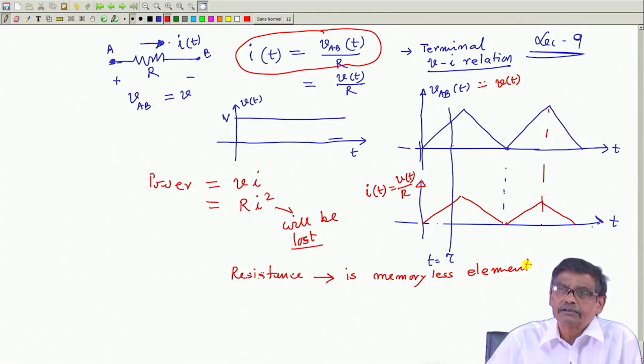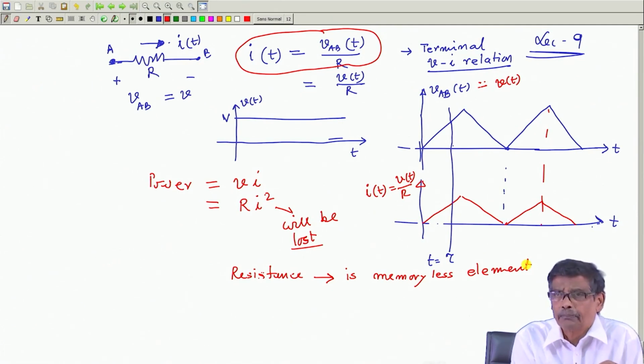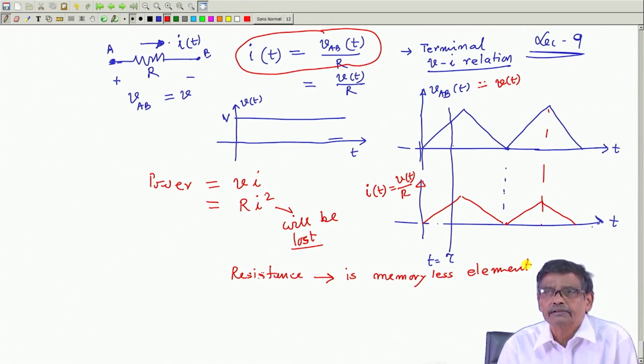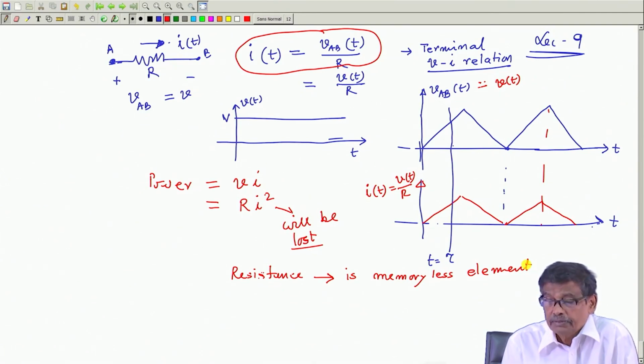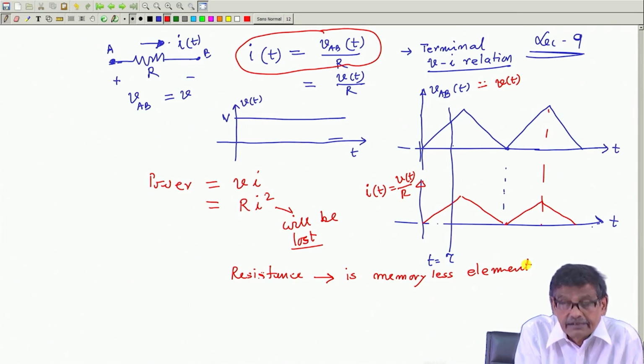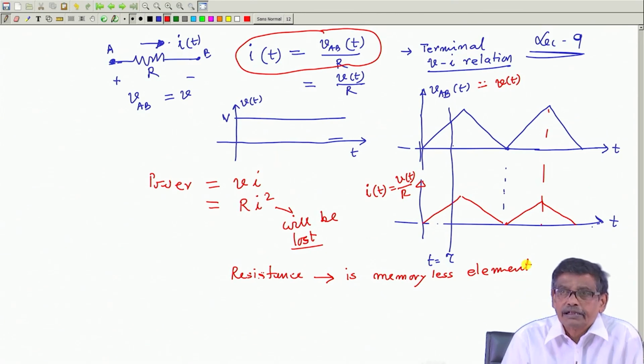Present now, what current value it will return to you depends only on the current or present value of the voltage. It does not care what happened earlier to this resistance, what kind of voltages you applied, it forgets that. It will only respond, okay, what is the voltage across me right now? Based on that, current value is decided.